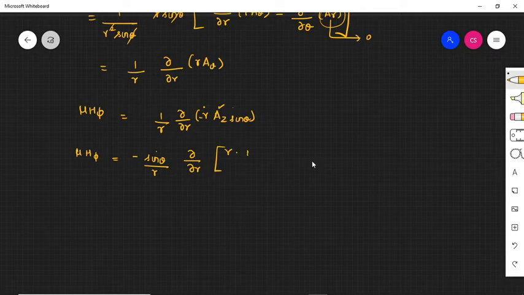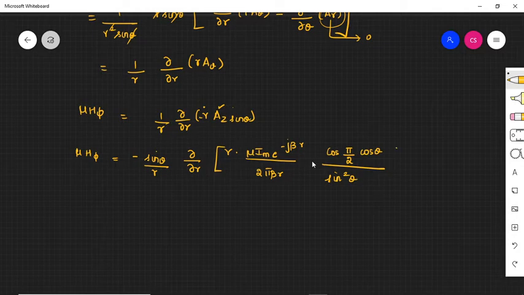So we'll substitute that here. So it is mu I_m into e power minus j beta r divided by 2 pi beta into r cos of pi by 2 cos theta divided by sine square theta.